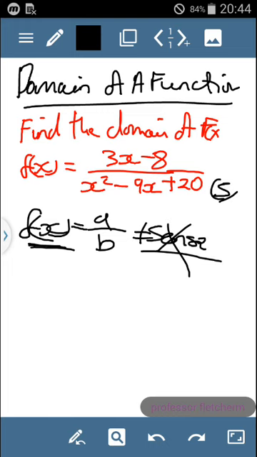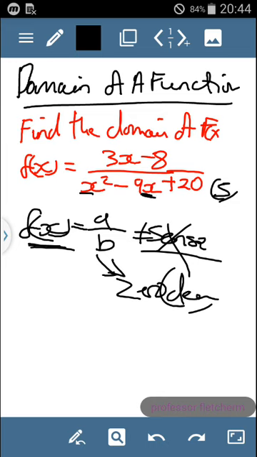Usually this happens when you are dividing by 0, when the denominator is 0. So we'd like to find values of x for which the denominator is equal to 0. If we find those values, we are able to find where that function is logical and where it is not. Let me explain.